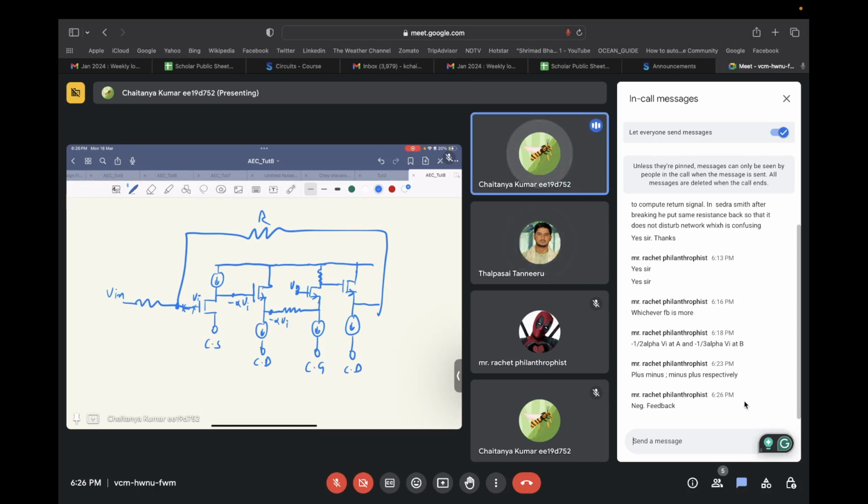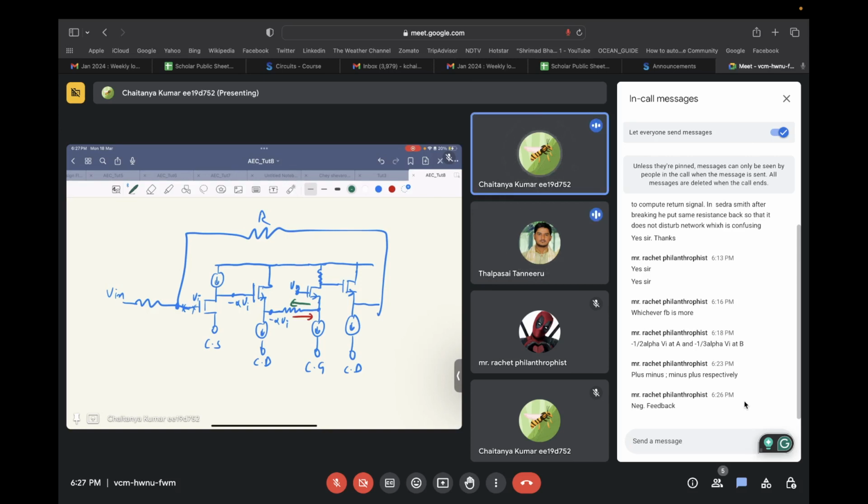Now what happens? Current will flow here, sir. What will be the direction of the current? Is it the red arrow or the green arrow? It should be the green arrow, sir.